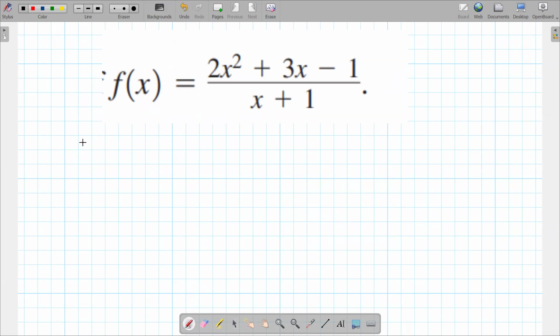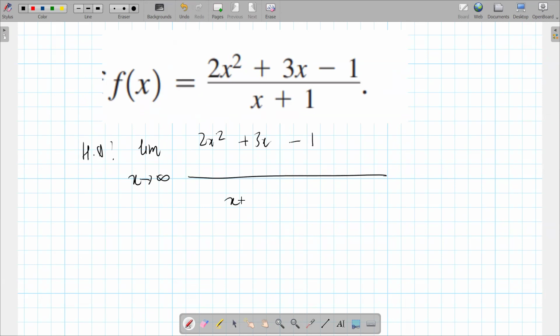To find horizontal asymptotes, we take the limit as x approaches infinity of this function. If you plug in infinity right now, you would get infinity over infinity. So that's no good. We need to do some math. It's the same thing that we did before.